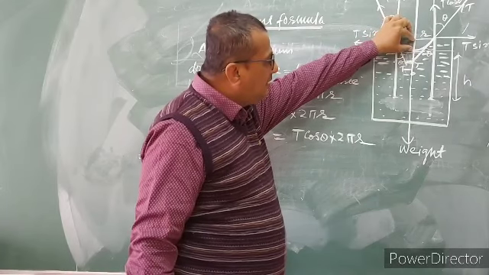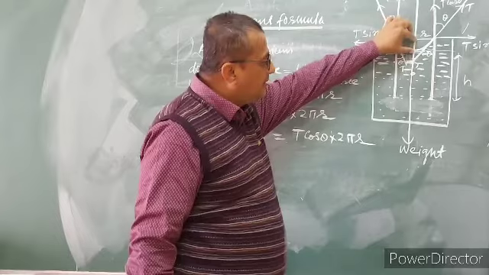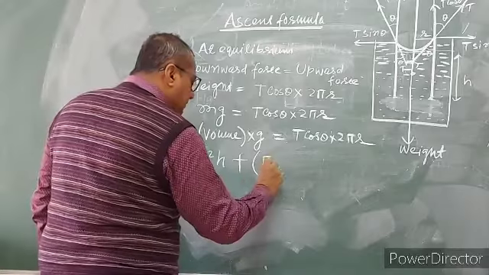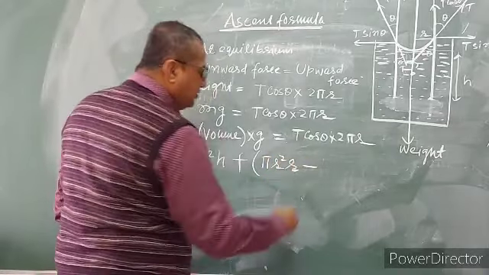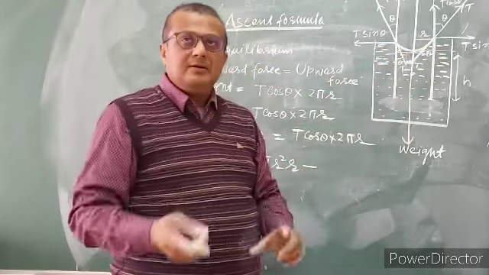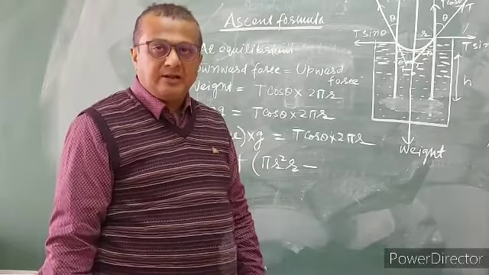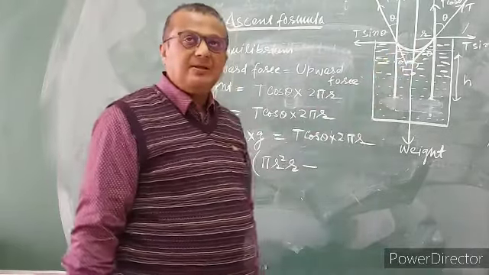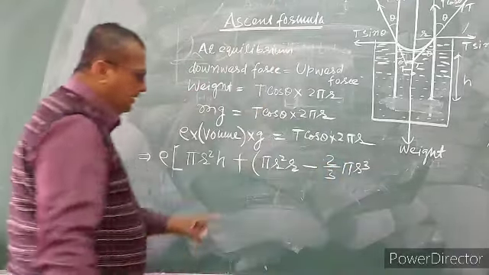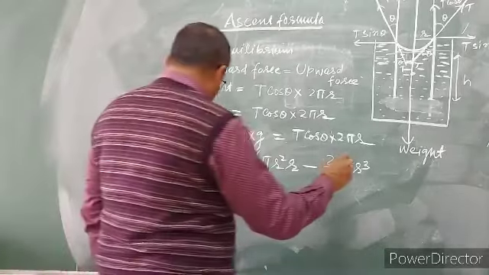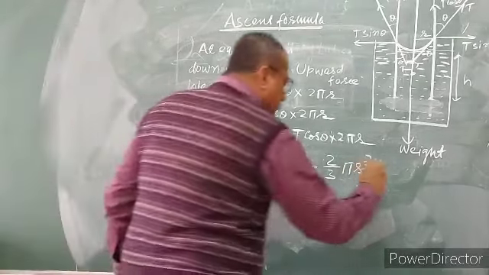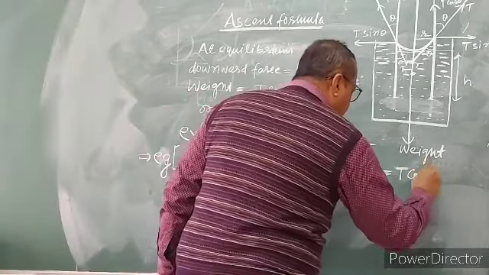Its radius is r and height is also r, so this will be pi r square r, but we have to subtract this part. This is a sphere, and the volume of a sphere is 4 by 3 pi r cube, but it is a hemisphere, so 2 by 3 pi r cube will be subtracted, into rho g is equal to T cos theta into 2 pi r.